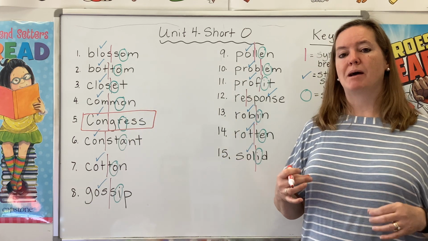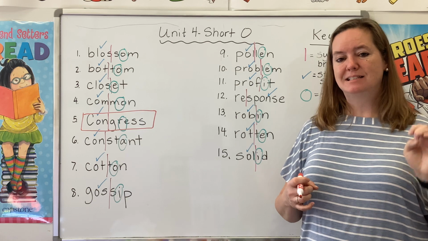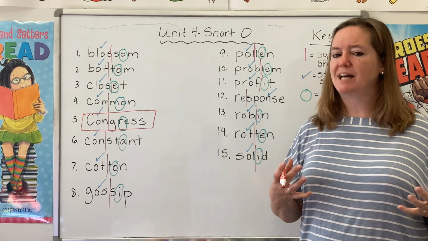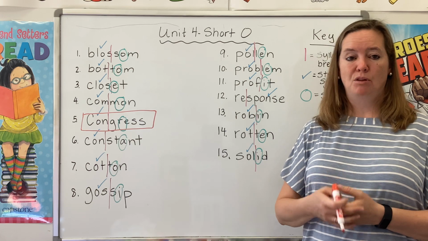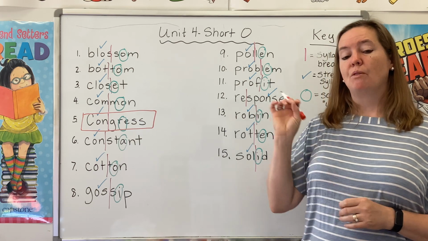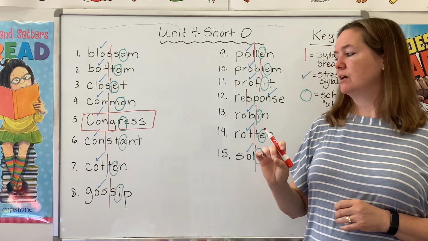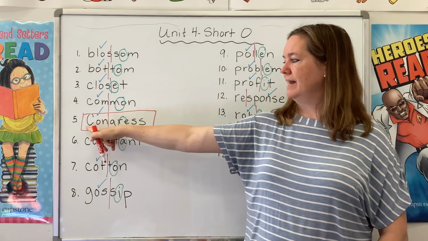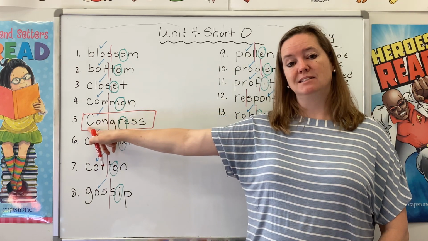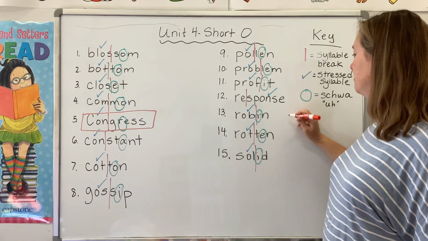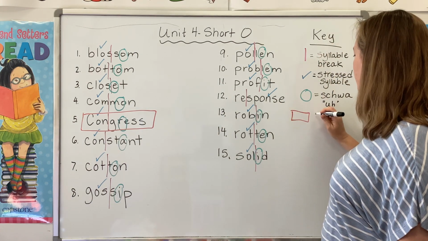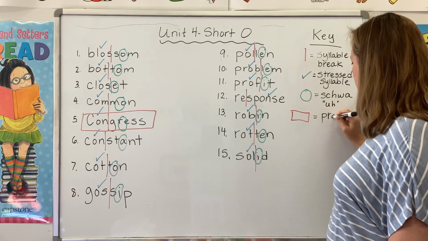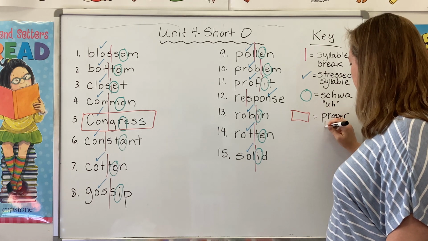We are talking about Congress, the United States Congress, the group of legislators that meet in Washington, D.C. to make up laws for our country. So that is a very specific group of people, which is why they have an uppercase C at the beginning of their name. So red rectangle equals proper noun.